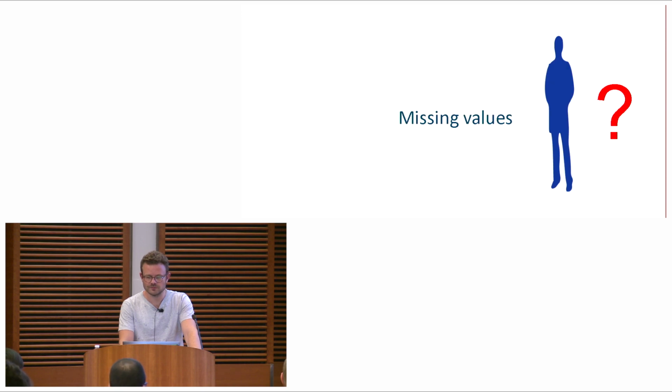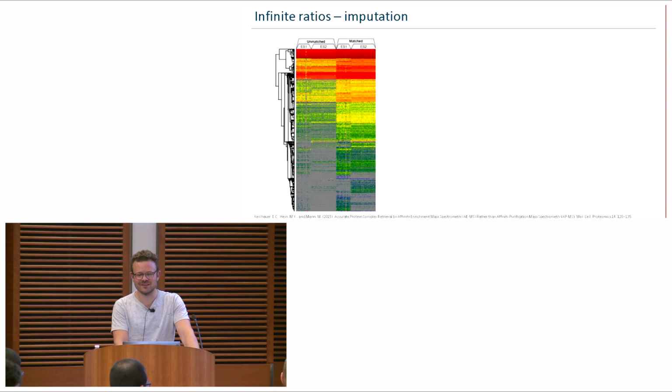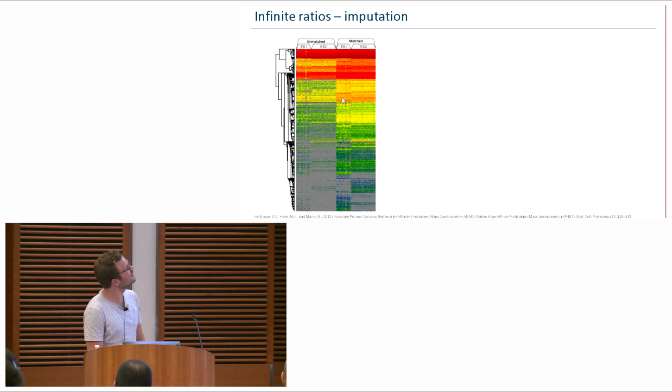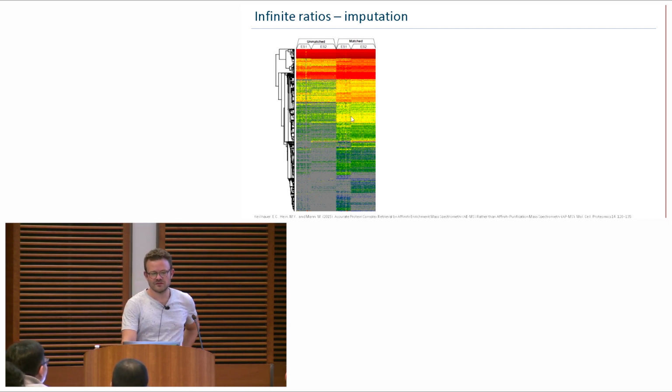Okay, so what if there are missing values, but not for the normalization? This is just showing how many missing values can appear. If you have missing values, you can either drop them or you can try to rescue them and have more statistics.